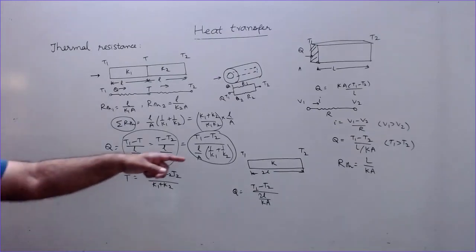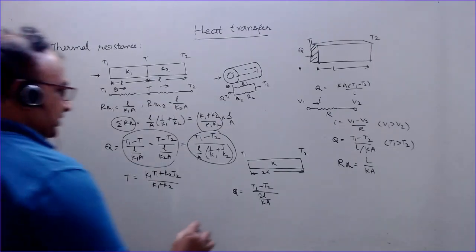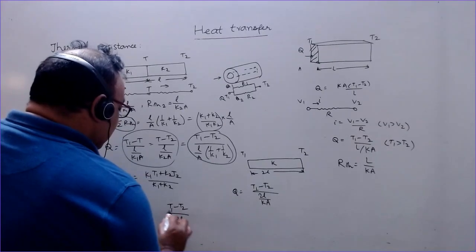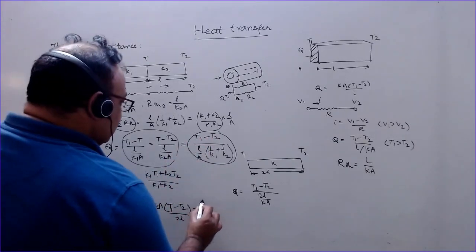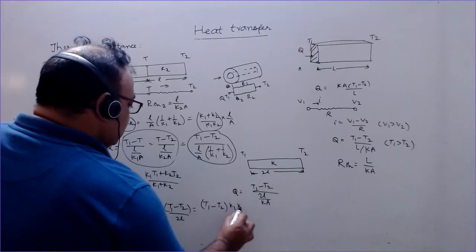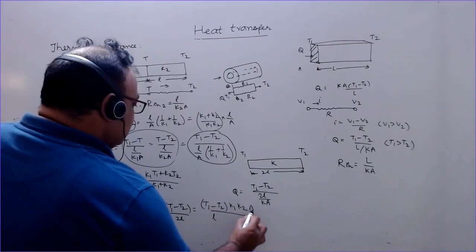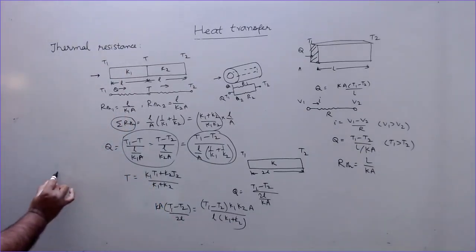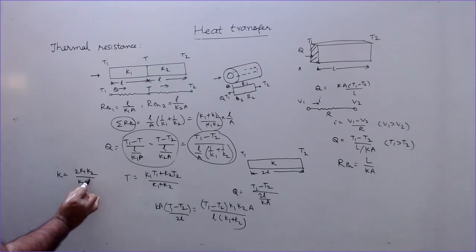Now if the heat is flowing in the same quantity in this case as in the earlier case, we can write that (T1 minus T2) divided by (2L into KA). Comparing with this, if you compare these two, you can write K is 2K1K2 upon (K1 plus K2).